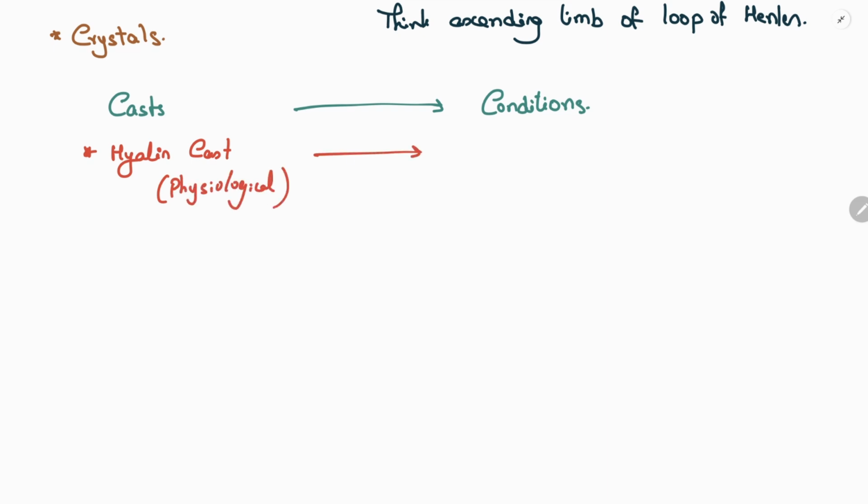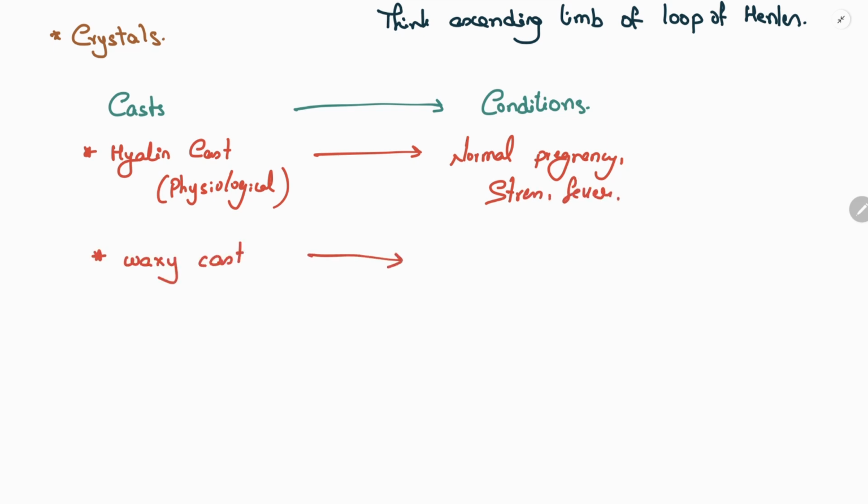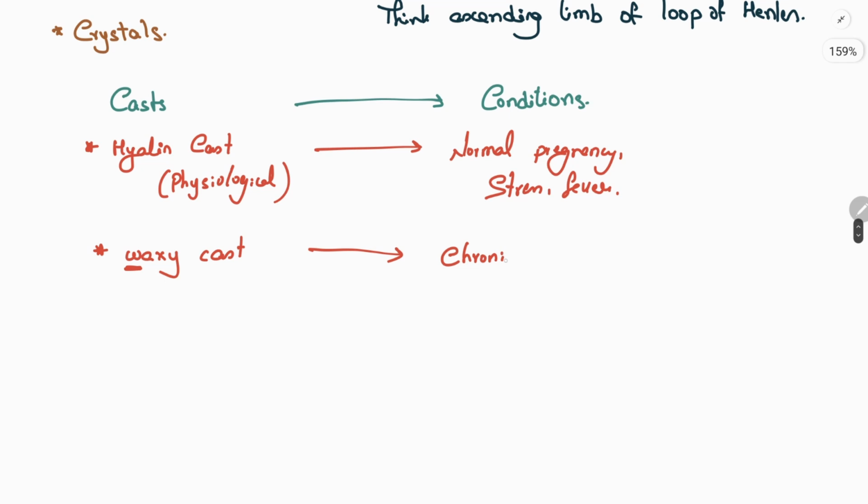It can be seen in normal pregnancy, stress and fever. And the second one is waxy cast. Wax comes in the last row of the alphabets, so remember it like last means chronic renal failure.